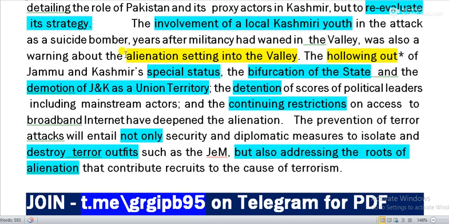So the involvement of a person in actions like working as a suicide bomber has a direct meaning that at least some people are not in line with the mainstream of the state.